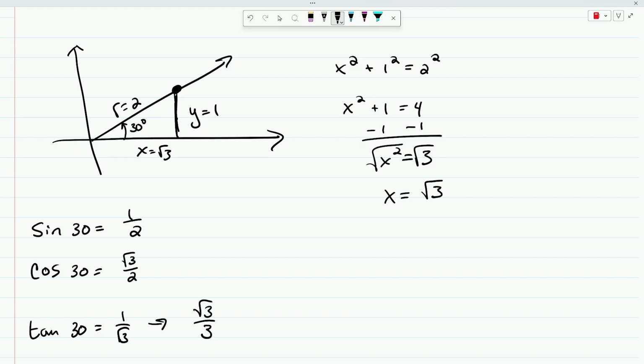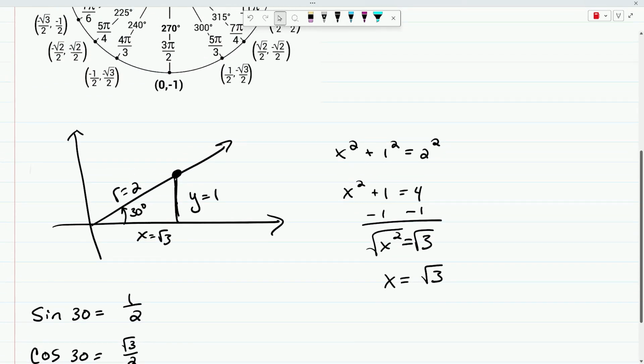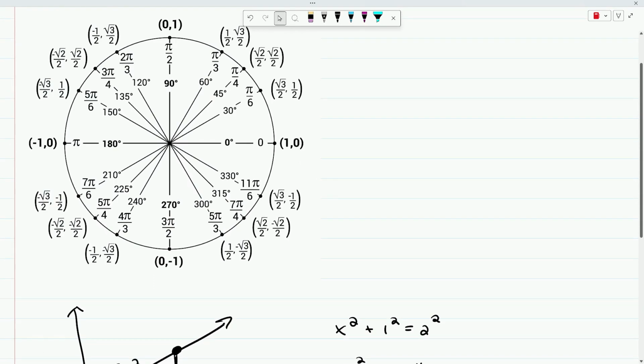So what we just found, and I'm going to scroll up here real fast, all right? If you look at the sine of 30, so let me highlight this for us. So we just found all those values. Remember, each ordered pair has the coordinates cosine theta, sine theta.